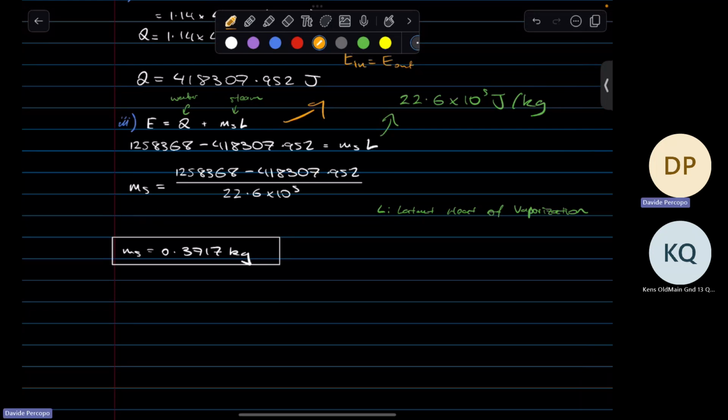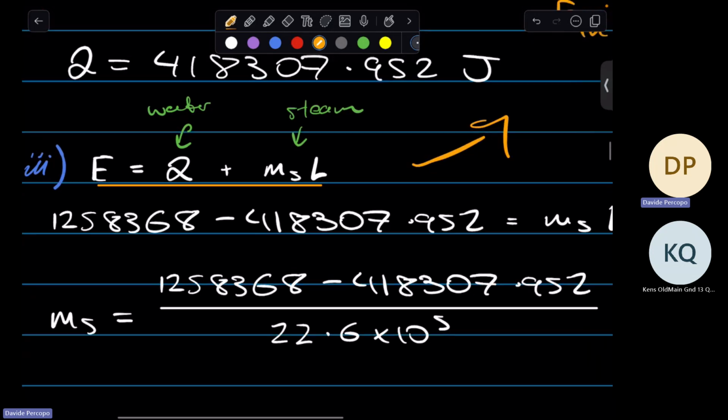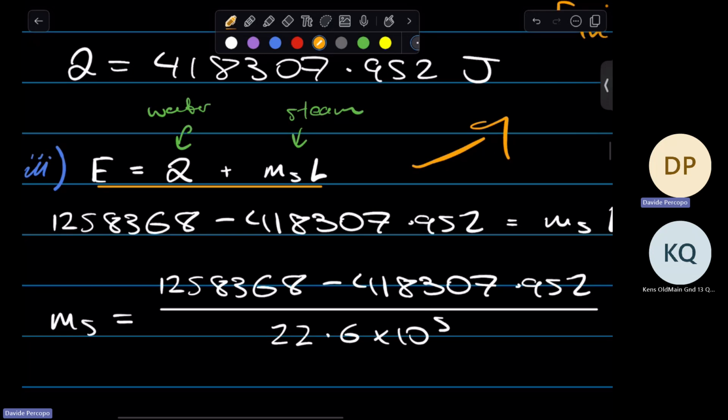Basically, how does this equation work? Like I was saying before, you have a total amount of energy E going into the system because the kettle is heating up the water for a certain time, since power times time is energy. That energy first goes into heating up the water.